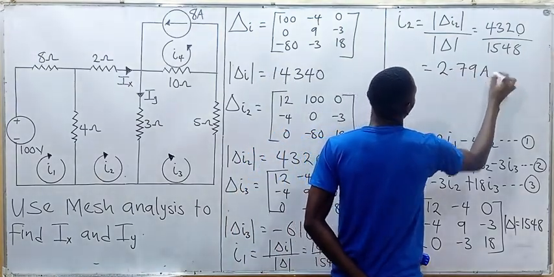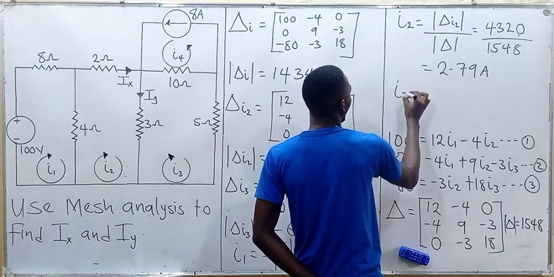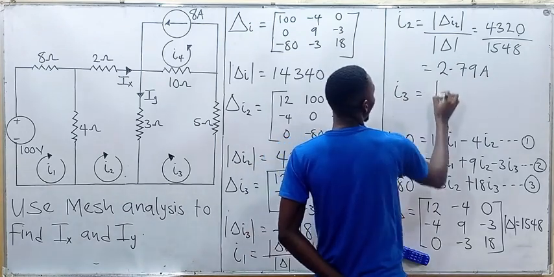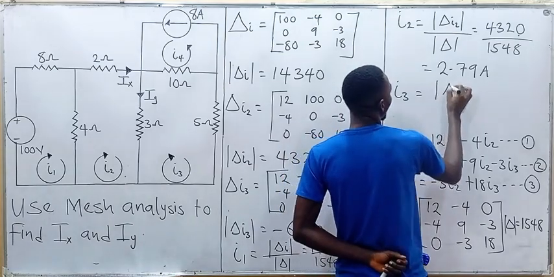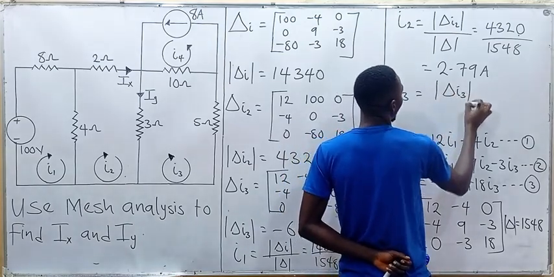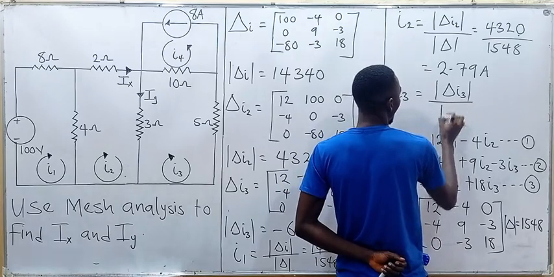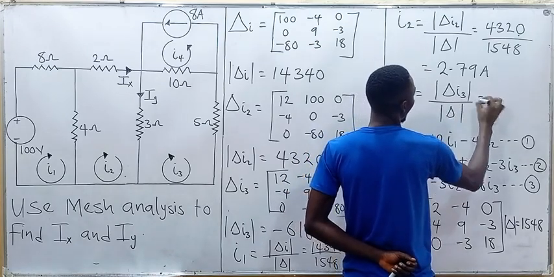Then the last but not the least, which is I3. It's going to be the determinant of change in I3 all over the determinant of change.